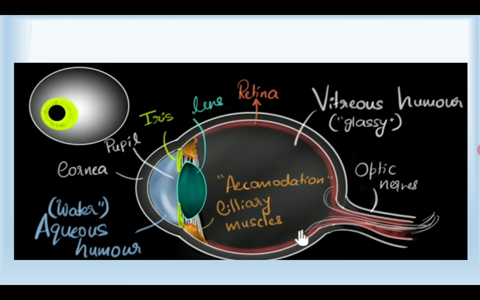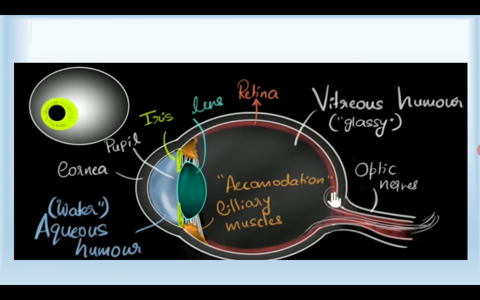So let's quickly summarize what we learned. We saw that the cornea, the aqueous humor, and the lens together form a converging system whose sole job is to focus rays of light onto the retina. The retina contains light-sensitive cells whose job is to convert light into electricity. These electrical signals are carried out by optic nerves.